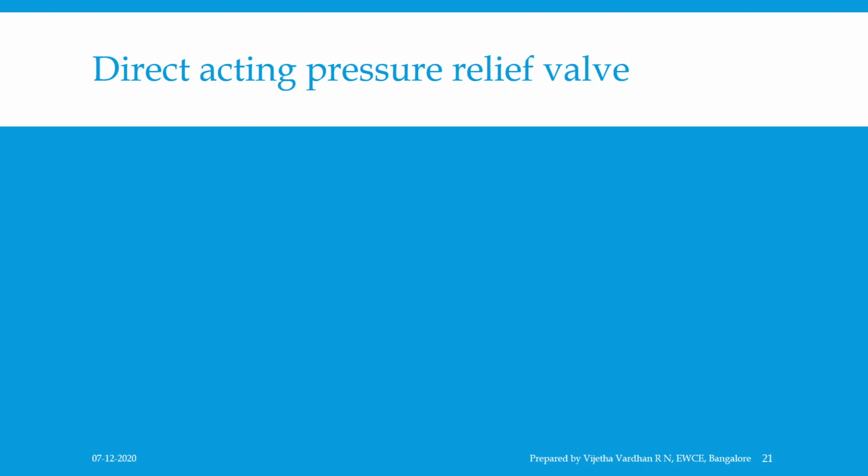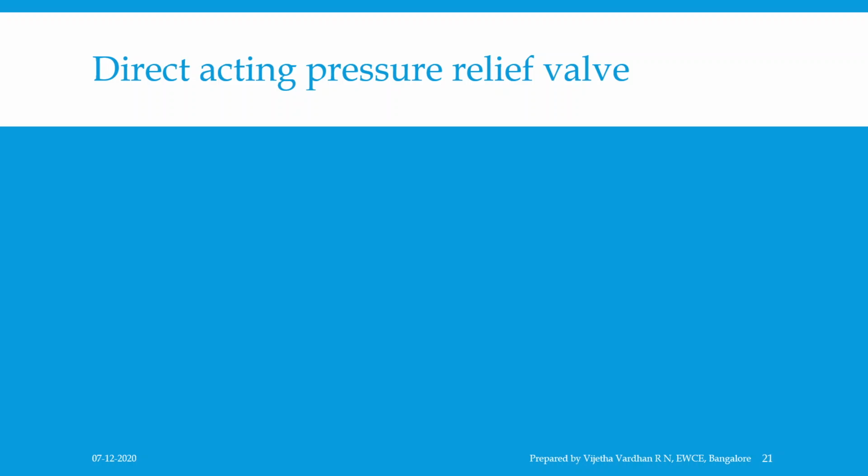Now let us discuss the pressure relief valves one by one. A pressure relief valve is a safety valve which prevents the increase in system pressure beyond the preset pressure. You can consider the cooker safety valve as an example. This is a normally closed valve and in most cases a commonly used valve in the hydraulic system.